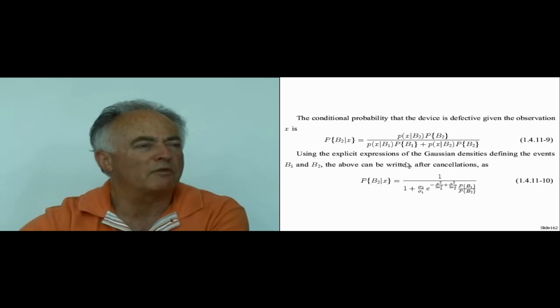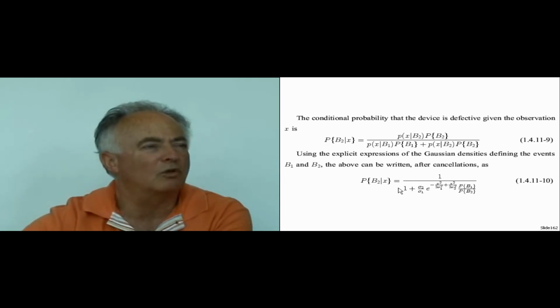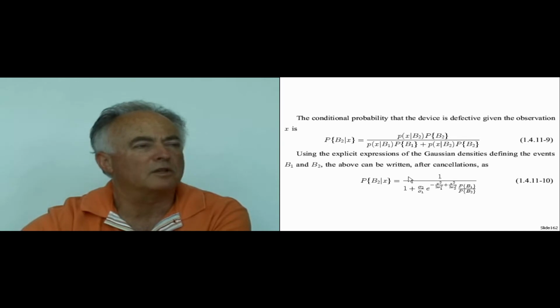So what we have is, after a slight reworking of these expressions, P(B2 given x), there's a division of the Gaussian with variance sigma 2 squared that would come here. So we get a simpler expression.